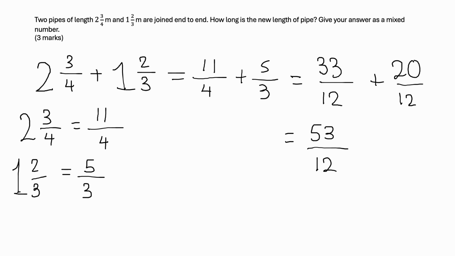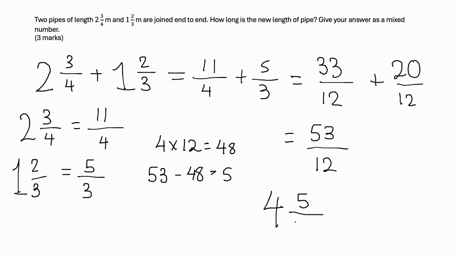So we have to go through our 12 times tables, which is 4. 4 times 12 is 48. 53 subtract 48 is 5, so that's our remainder, so our 5 is going to go up there. So our answer is 4 and 5/12 meters.